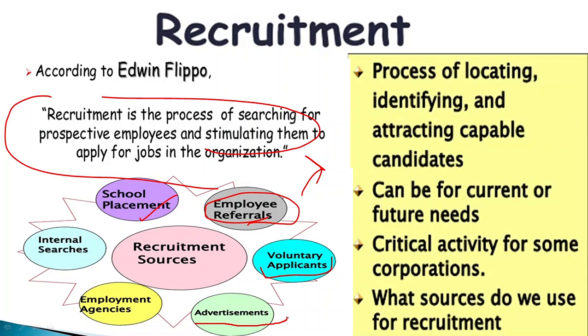You can have advertisements through print media or digital media. You can have contacts with employment agencies, and you can also search internally in the organization. If somebody is fit for a job role, then you can directly put him into that job role if he's willing. So these are sources for the recruitment process.